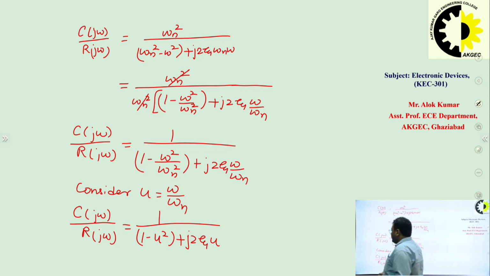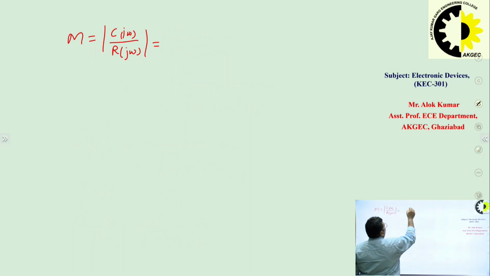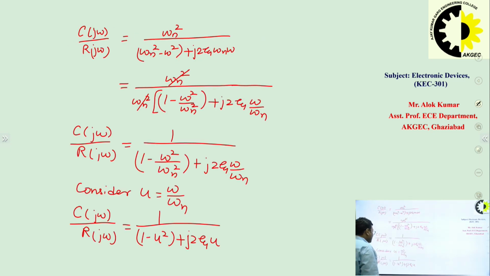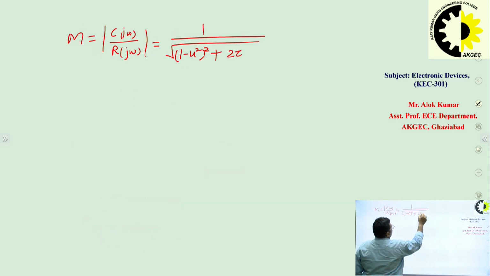If you want to calculate the magnitude, it will be the magnitude of C of j omega divided by R of j omega, which is 1 divided by under root of the real part, that is (1 minus u square) whole square, plus the imaginary part, that is (2 zeta u) whole square.